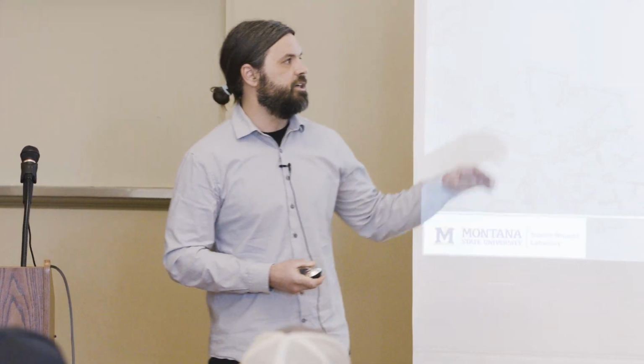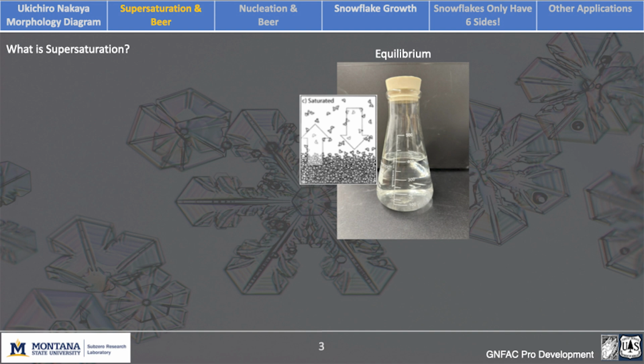So what is supersaturation? You might already know this, but I like to describe this in simple terms. So basically, if you think about a glass of water, or here I have a flask of water that's capped at the top, you will reach a point of equilibrium where there's enough water vapor in this airspace above such that the exchange of water vapor and water molecules within the filled part of the water is exactly the same.